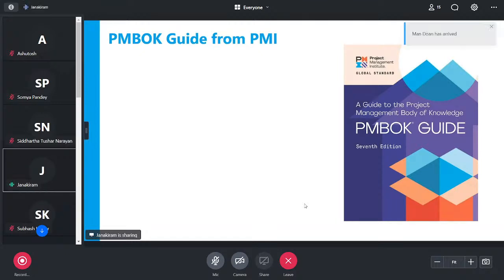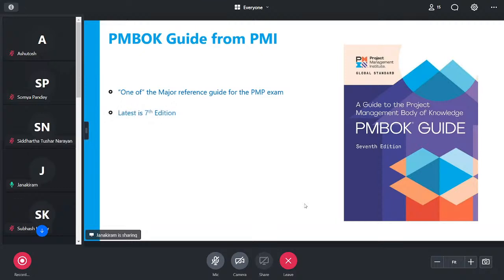So what is this book all about? The PMBOK guide is one of the major reference guides for the PMP exam. I have put it in quotes because it is not the only reference guide for your PMP exam. It is one of the major reference guides. In fact, if you go to the PMI site, you would find other reference guides and reference books that they would recommend for you to successfully clear the PMP exam.